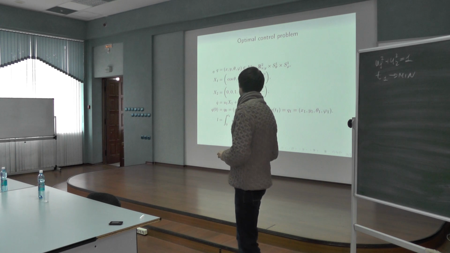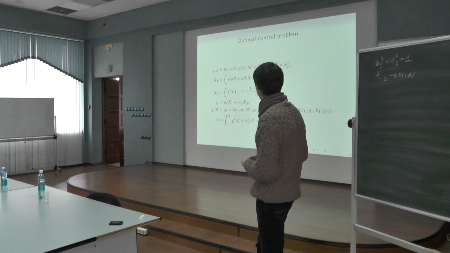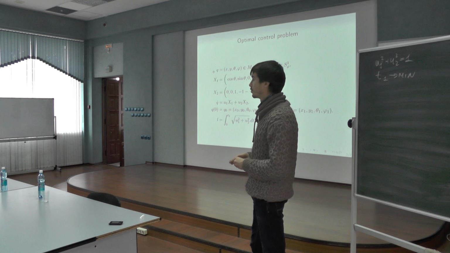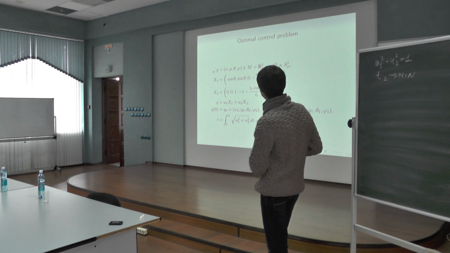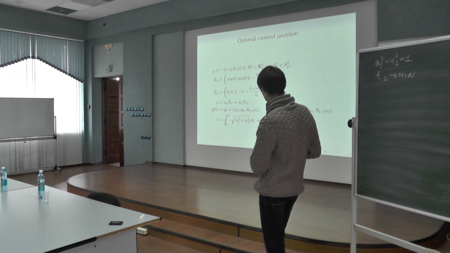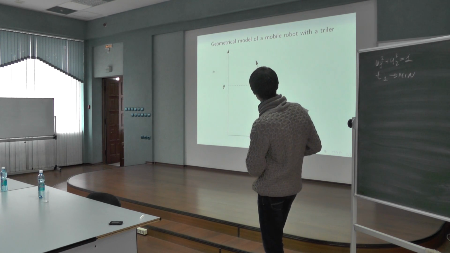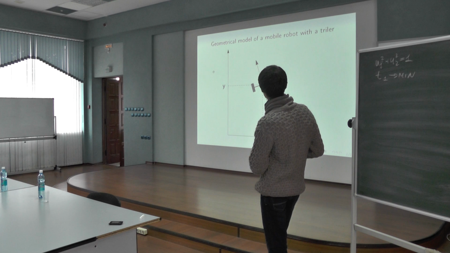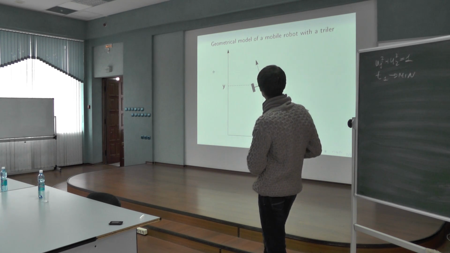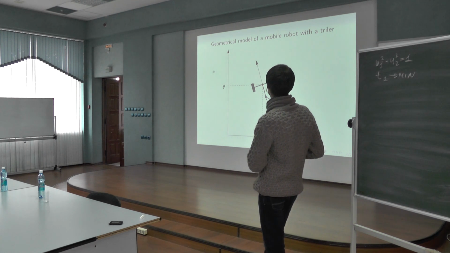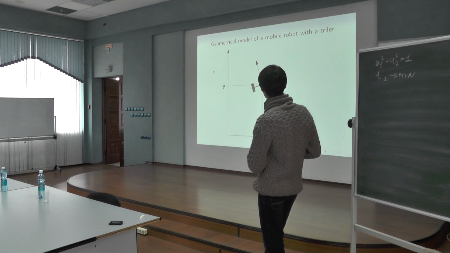In fact, I formulate here not one problem, but a family of problems, a two-parametric family, because here we have two constants, LR, LT. Let me tell you, I skipped this part, that those constants define distances between midpoints of wheels and connection point.